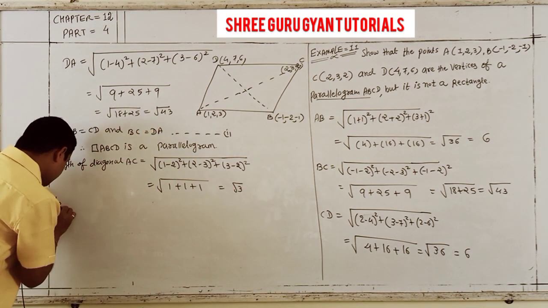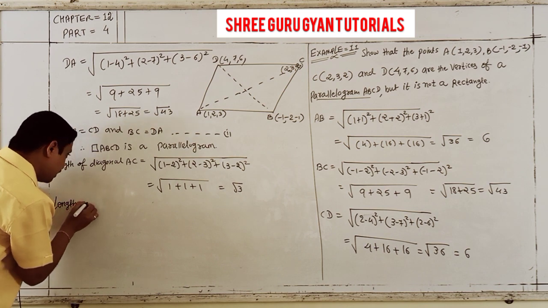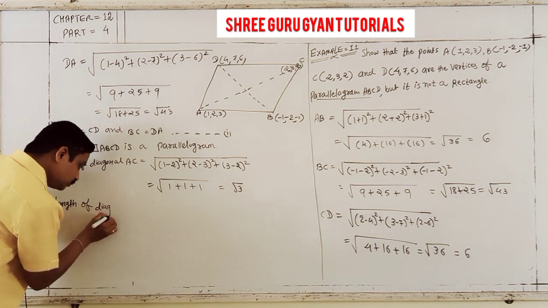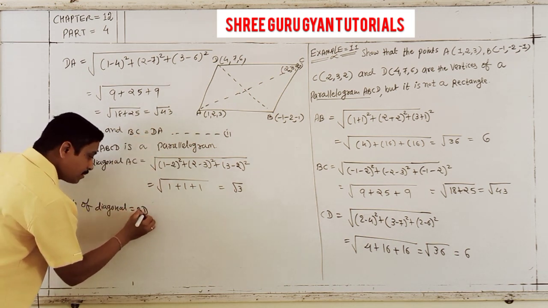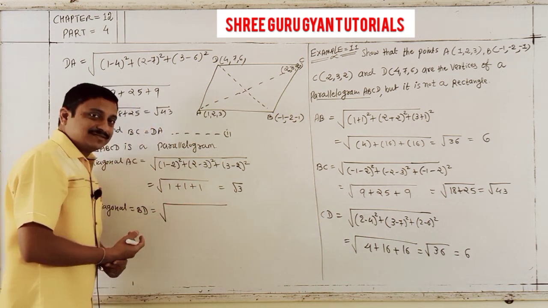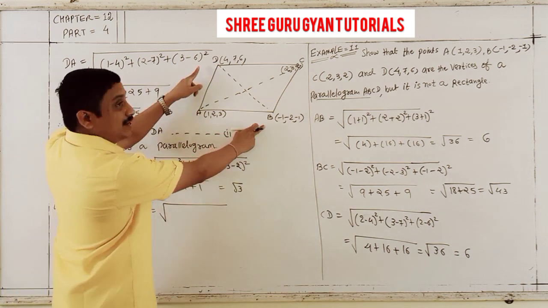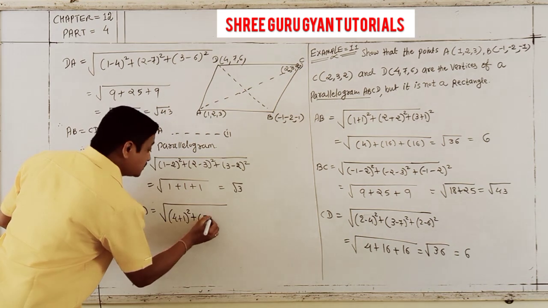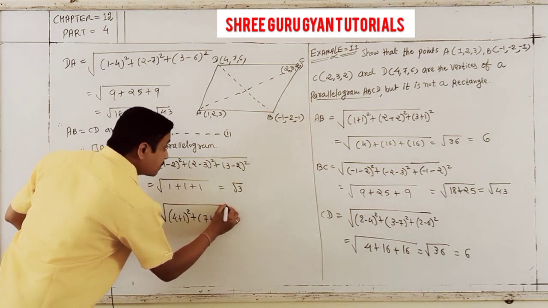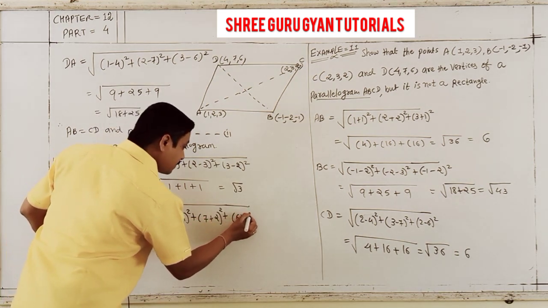And another length of diagonal, students, I will take BD. So B to D length. Similarly apply the B to D distance: 4 plus 1 square, 7 plus 2 square and 6 plus 1 square.